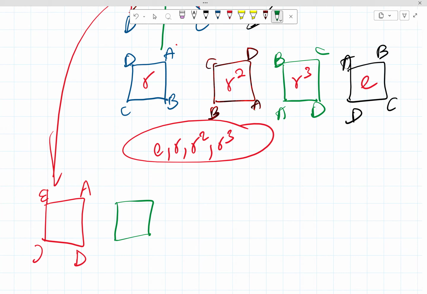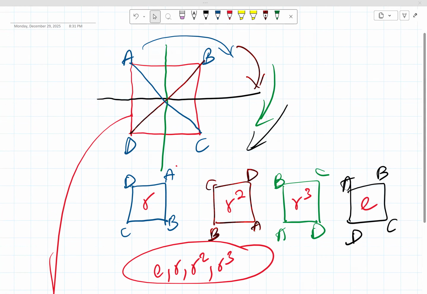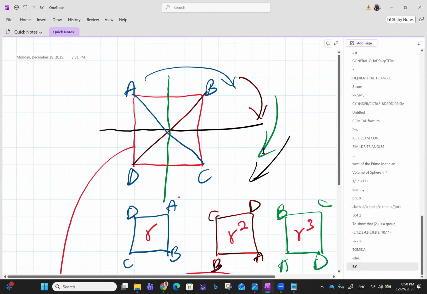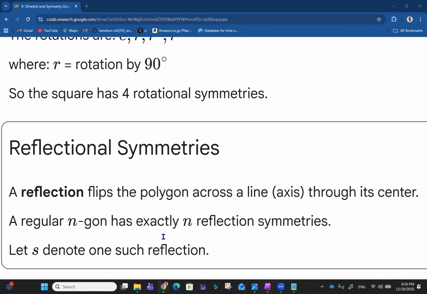For the next one, you now have A here, and then D here, but the D is like this, and then this is C, and this is B, and so on and so forth. Those are the kind of things reflection would talk about.